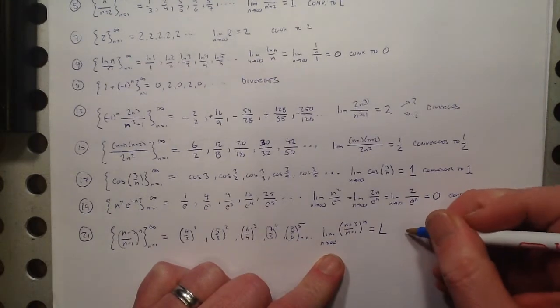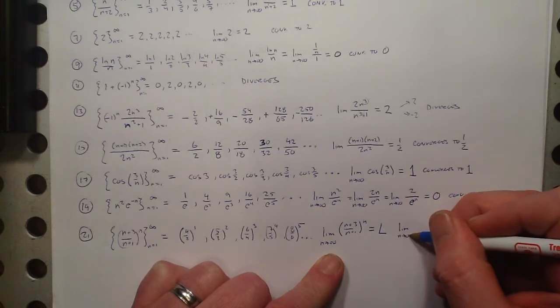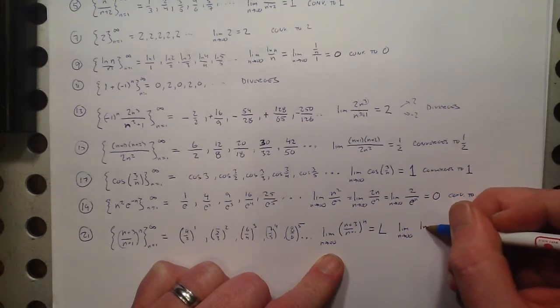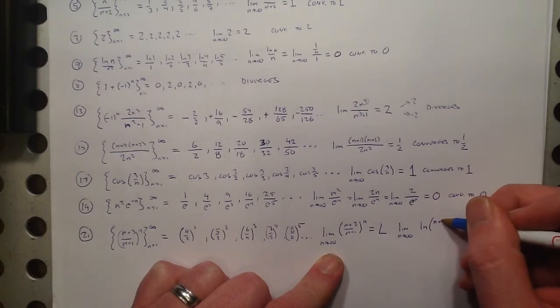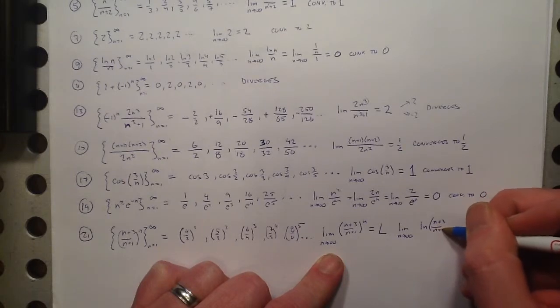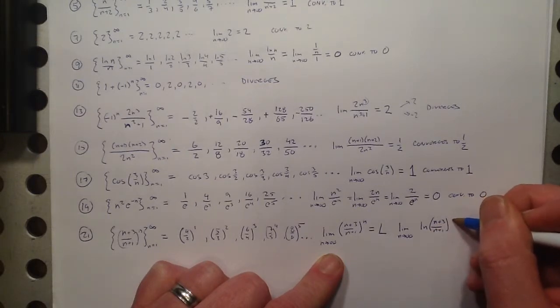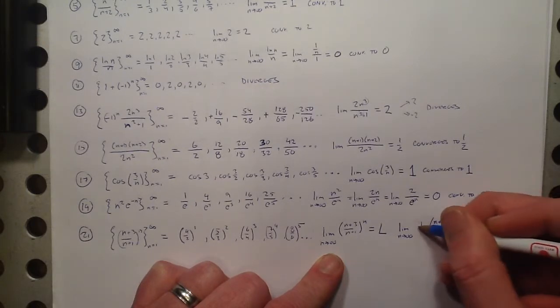So let's do that. Limit as n approaches infinity of the natural log of n plus 3 over n plus 1 to the n, but the reason that we do this is so that I can bring the n out to the front.